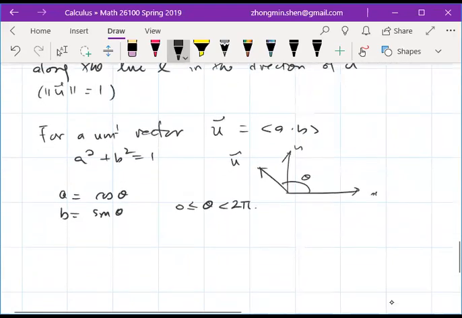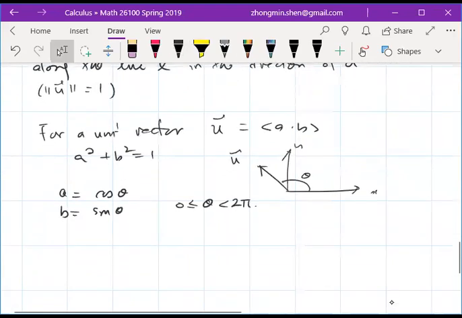Sometimes I just say find the directional derivative, and you're not given the unit vector, you're given the angle. Every angle gives you one direction.